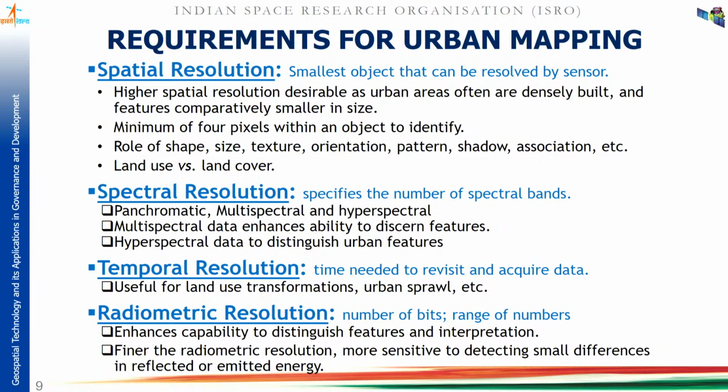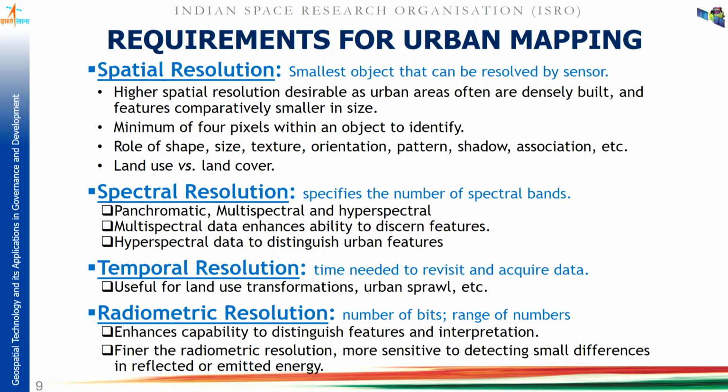So the first thing for urban mapping is the spatial resolution. The spatial resolution means the smallest object that can be resolved by the sensor. So the higher spatial resolution is desirable in urban areas, as we have densely built features comparatively smaller in size. So for urban studies, normally we go for a high resolution imagery and a minimum of 4 pixels within an object to identify it.